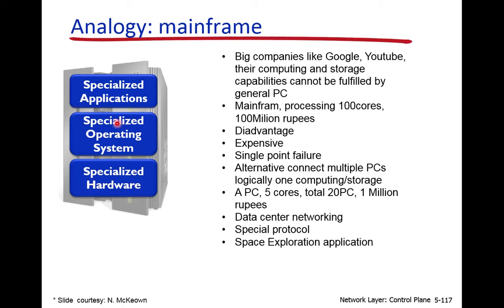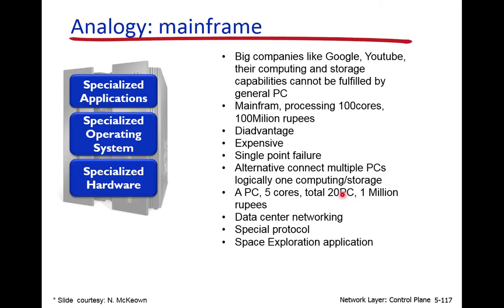So there was an alternative approach that connects multiple PCs, and these multiple PCs appear logically as a single computing or storage entity. For example, one PC has 5 cores. If you want to achieve the processing of 100 cores, we need 20 PCs, and these 20 PCs will cost 1 million.